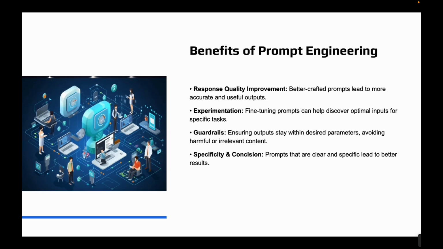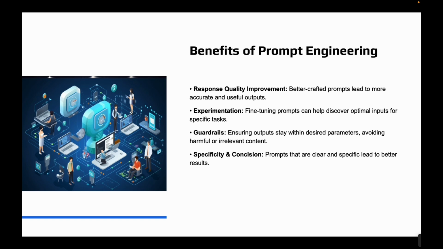So, some of the benefits of prompt engineering. The response quality tends to improve because there's better craft in the prompts, and especially with chain of thought prompting, it breaks down the task so that it's more logical.